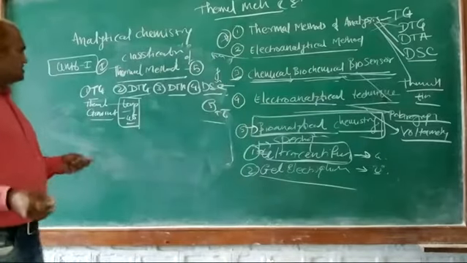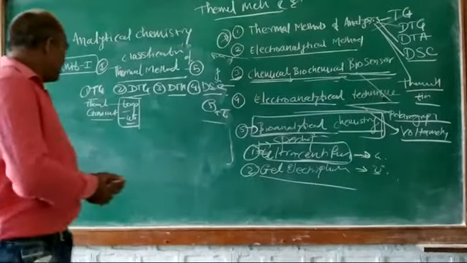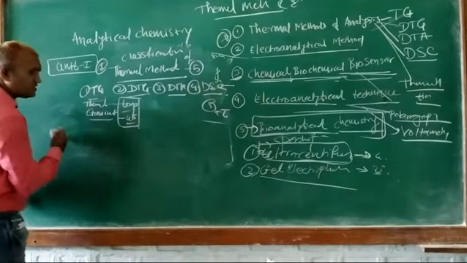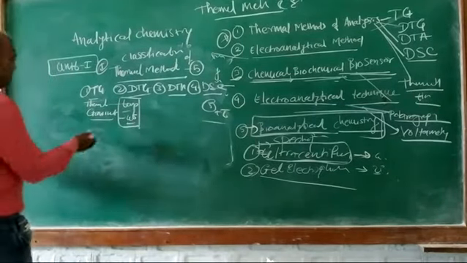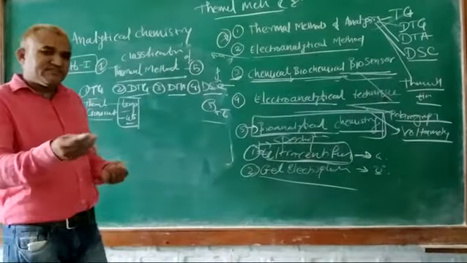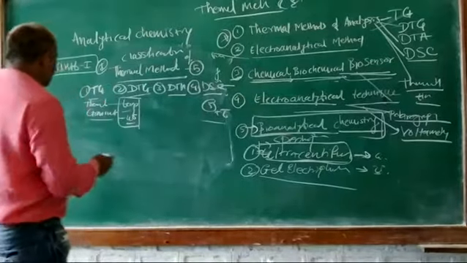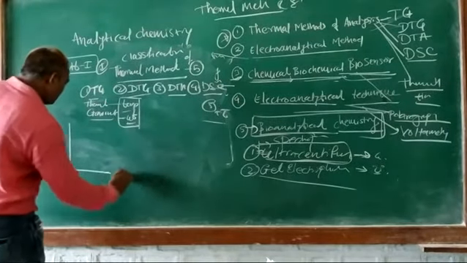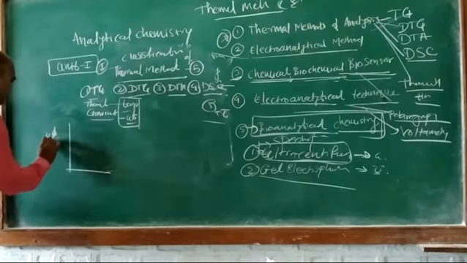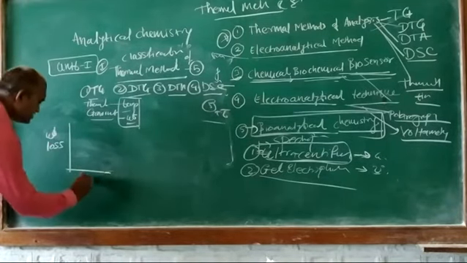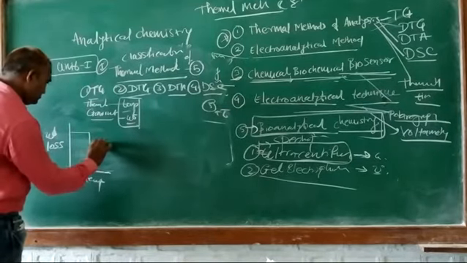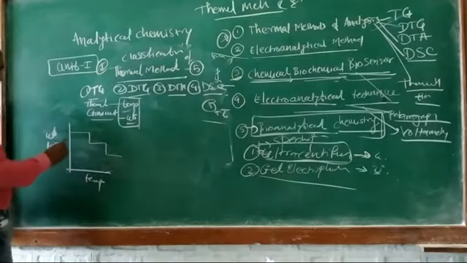So we study the compound's weight as a function of temperature. In TG, we record weight loss as the temperature increases. In the TG graph, we see the weight loss against temperature.